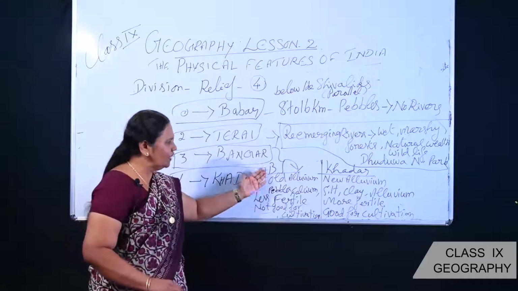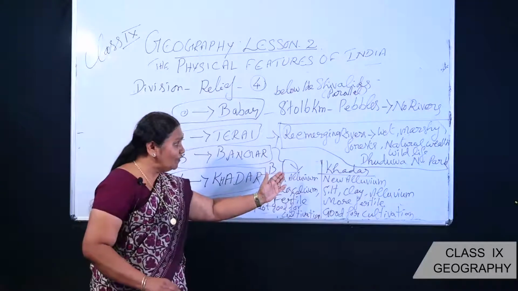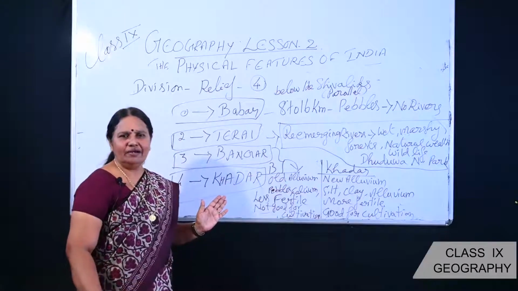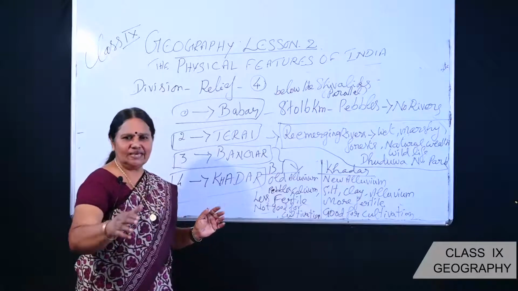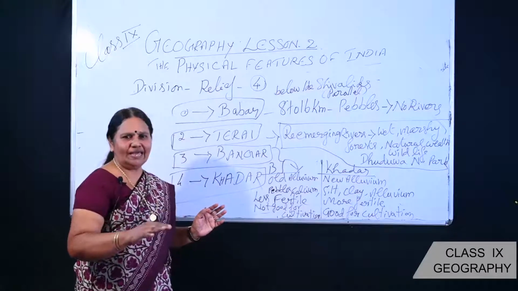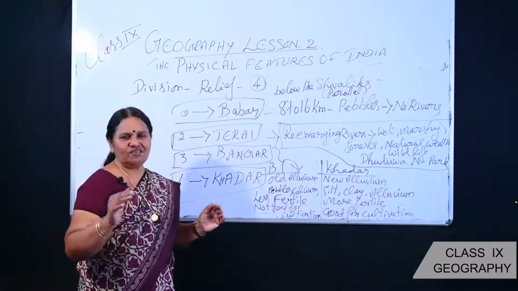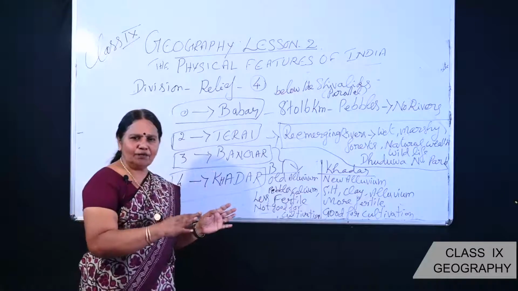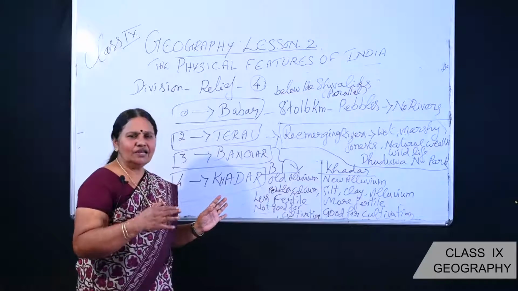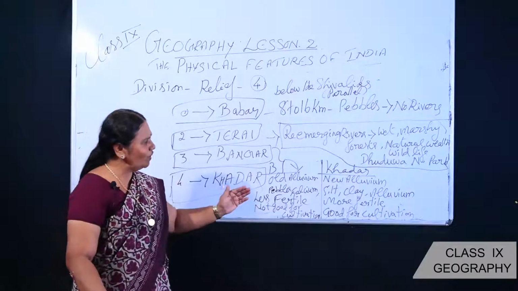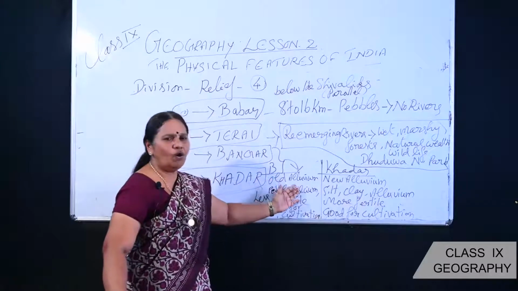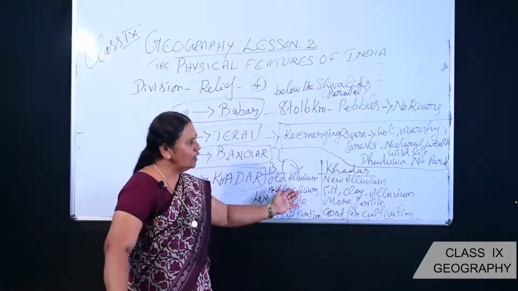This Bangar soil appears away from the river bed. You know that the river bed is where the rivers, before mingling into the sea, deposit the soil. Here there is no deposition work. Once upon a time it was deposited, but after that continuous deposition is not going on. That is why that soil is called Bangar or old alluvium soil.